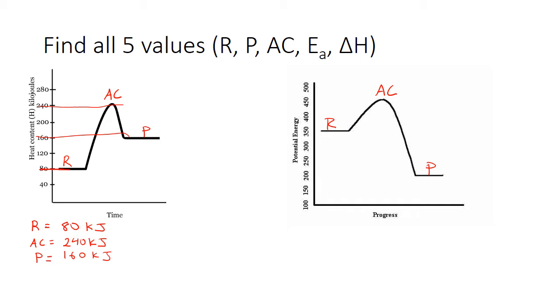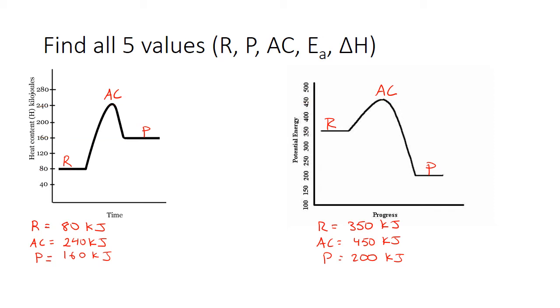On our other diagram, we have R at 350, AC at 450, and P at 200. All right, get rid of those lines now.